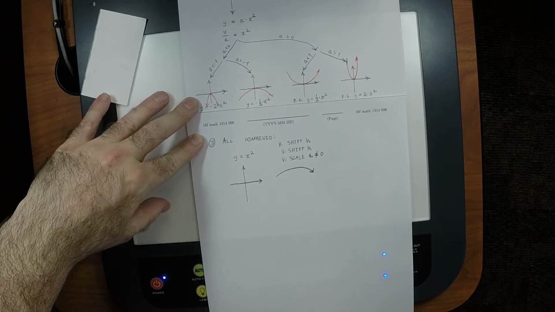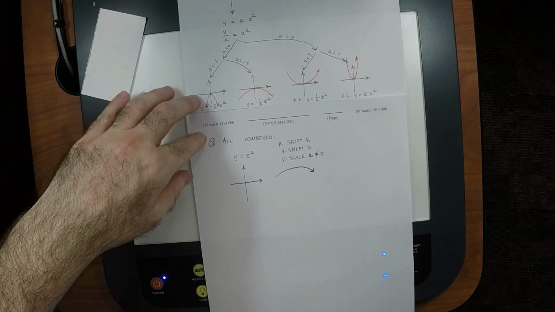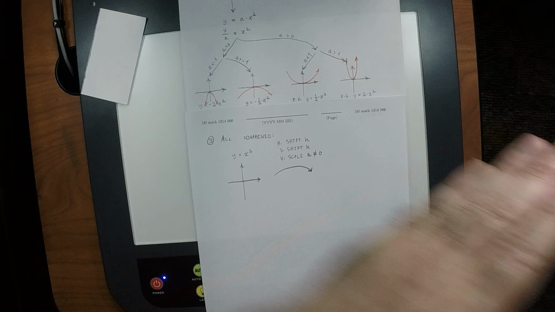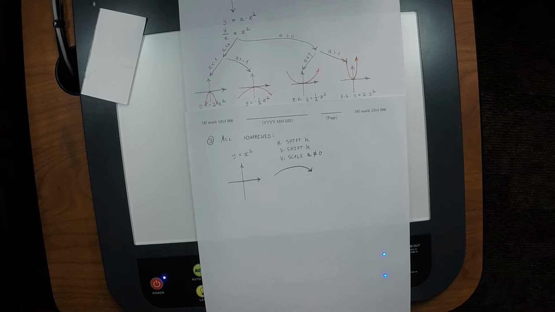If you scaled it by 0, that would just squish it to a line, and then it wouldn't be a parabola anymore.